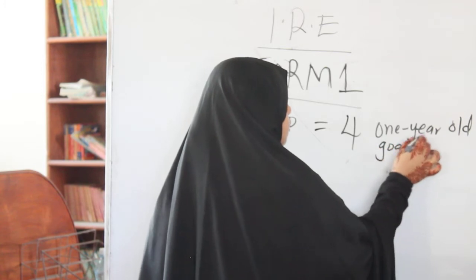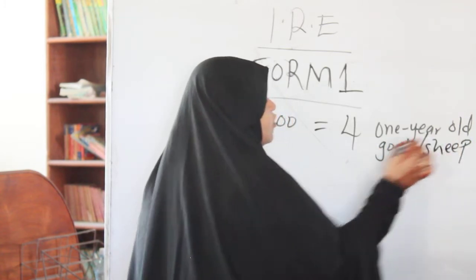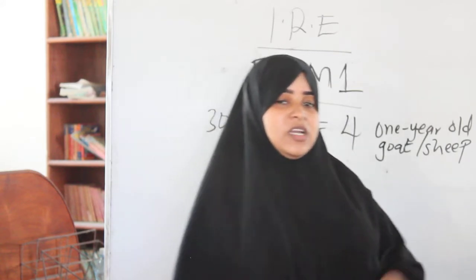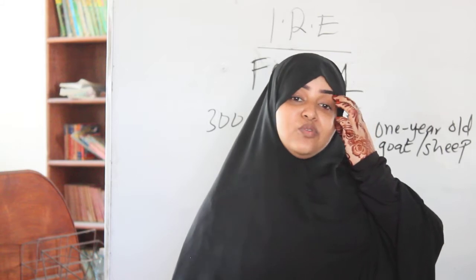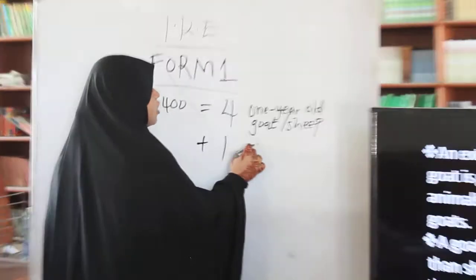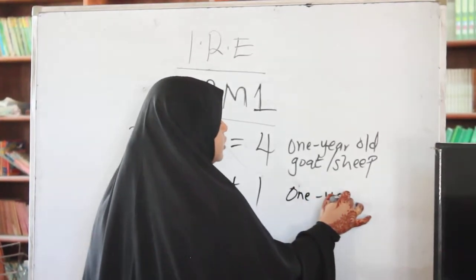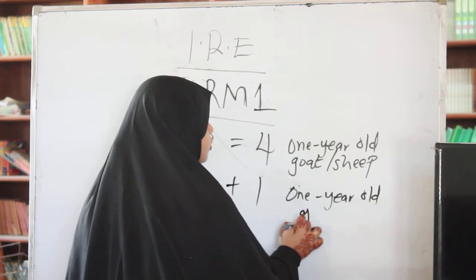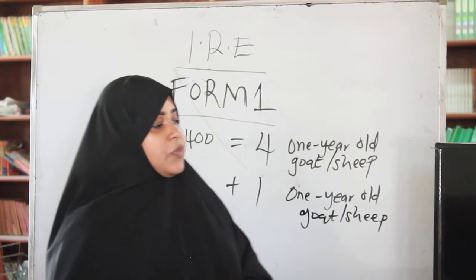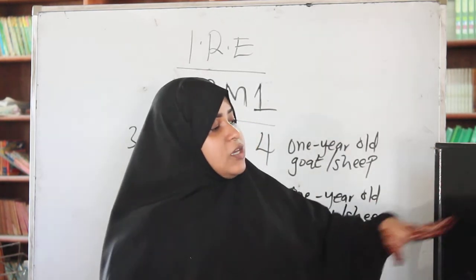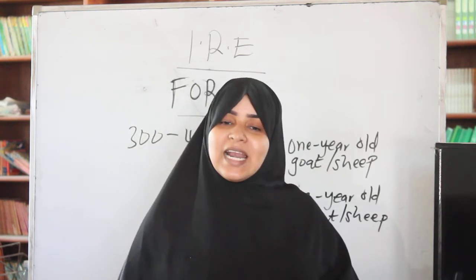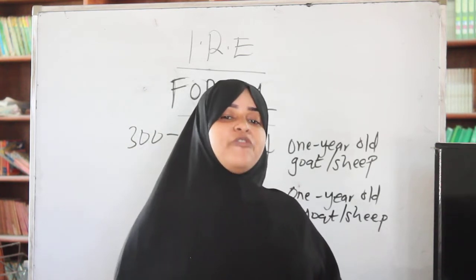So what if you have more than 400? We say you have to give an extra 1 year old, either a goat or a sheep, for every 100 animals above 400.